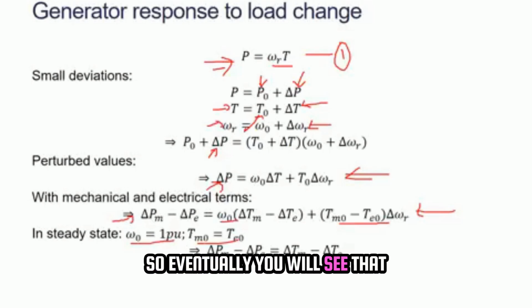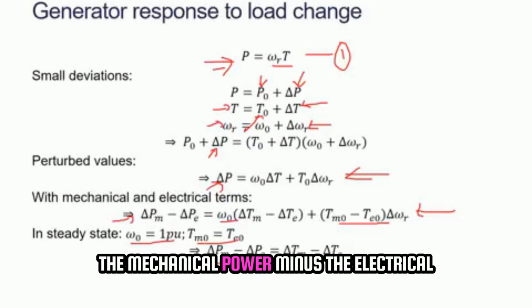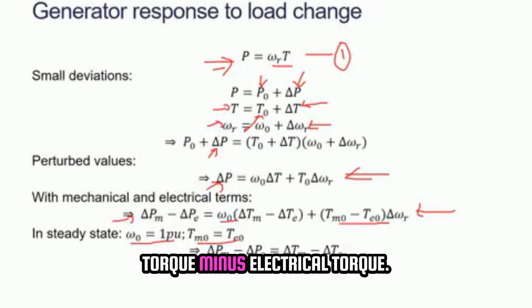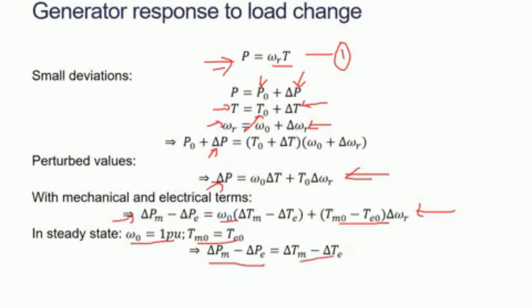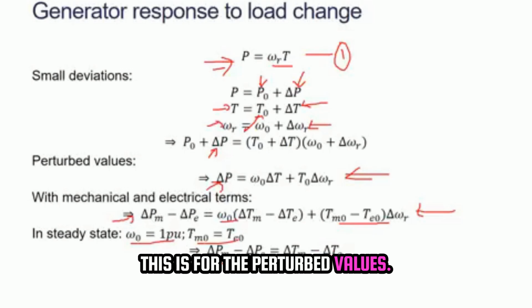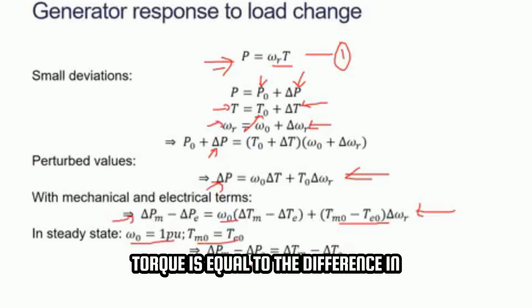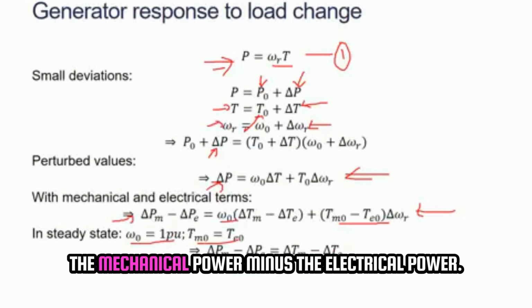So eventually you will see that the mechanical power minus the electrical power is actually equal to the mechanical torque minus electrical torque. This is for the perturbed values. When it is stable, there is no issue. Only during the disturbances can you correlate that the difference in mechanical and electrical torque is equal to the difference in the mechanical power minus the electrical power.